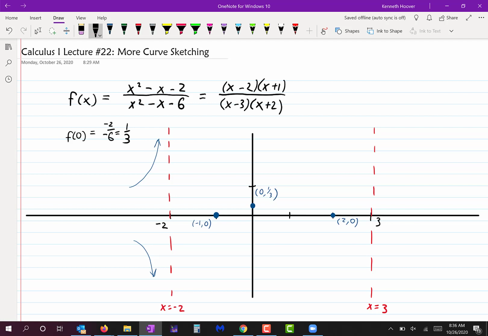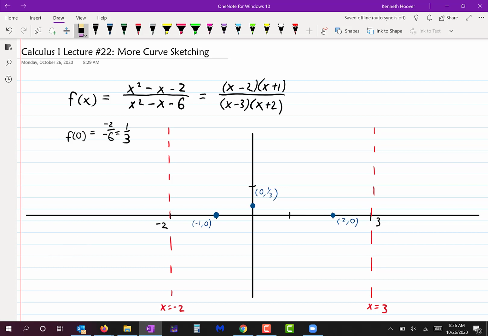That comes from the limit of f of x as x approaches -2 from the left, and then the limit as x approaches -2 from the right, and that will tell me if the graph goes up or goes down. We'll do that for both asymptotes, the one-sided limits.